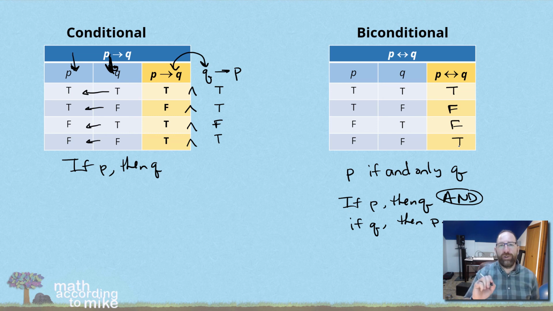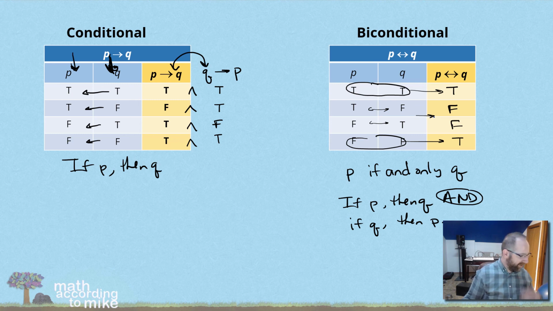So a biconditional is true if and only if both parts have the same truth value. So if they're both true or they're both false, then you'll get true. Any other case, like if there's a mix, then you get false.